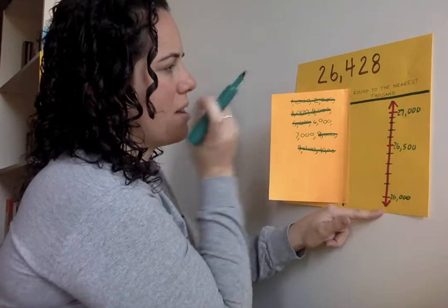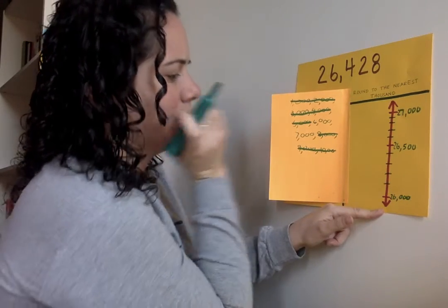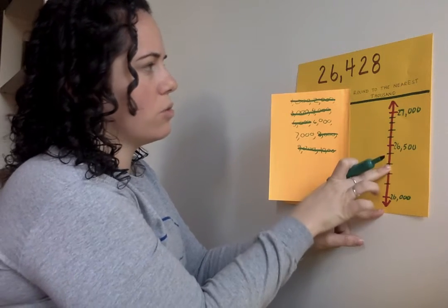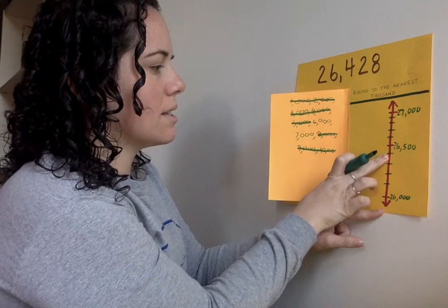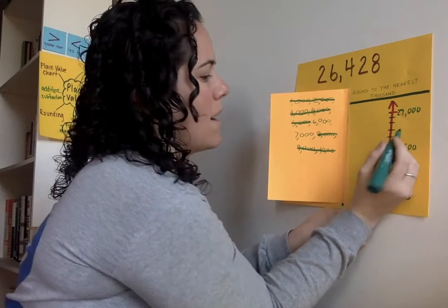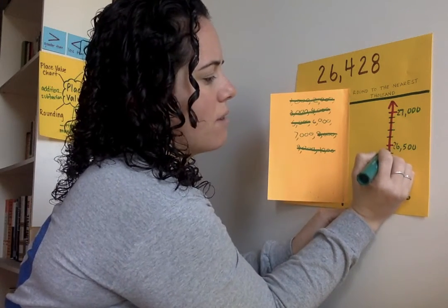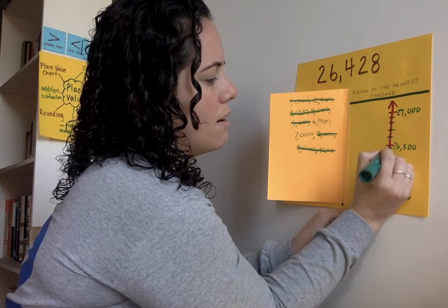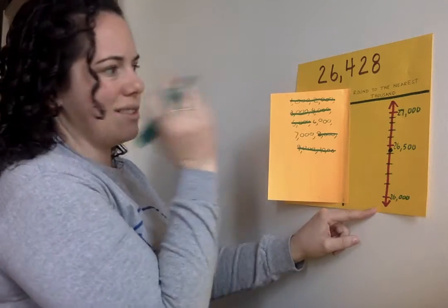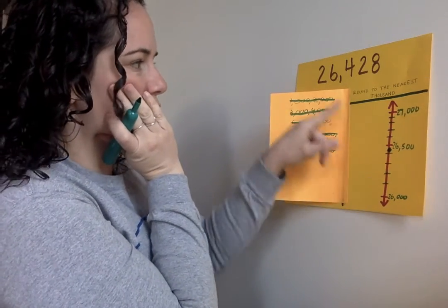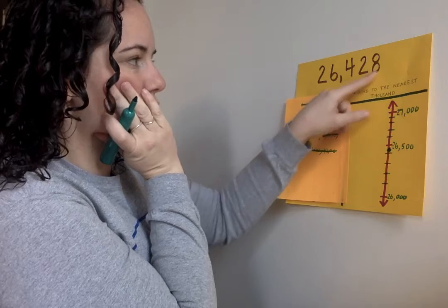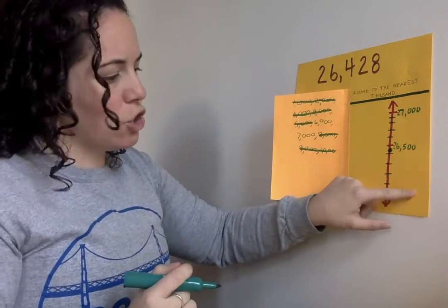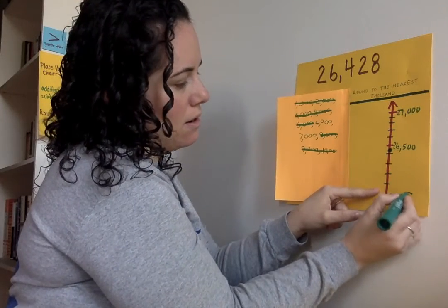So now I'm thinking, 26,100, 26,200, 26,300, 26,400. It's not quite at 26,500, but it is right here. And I see that 26,428 rounded to the nearest thousand would be rounded to 26,000.